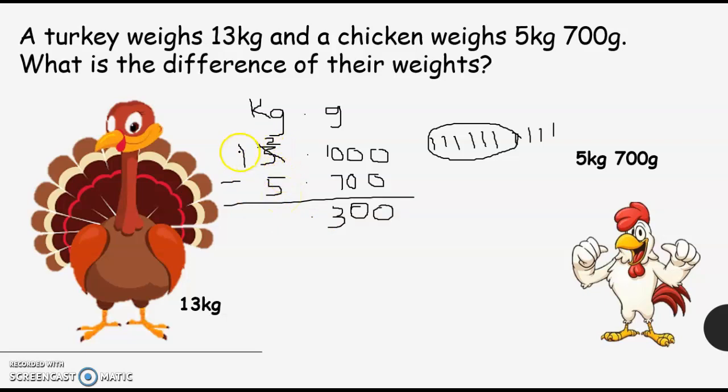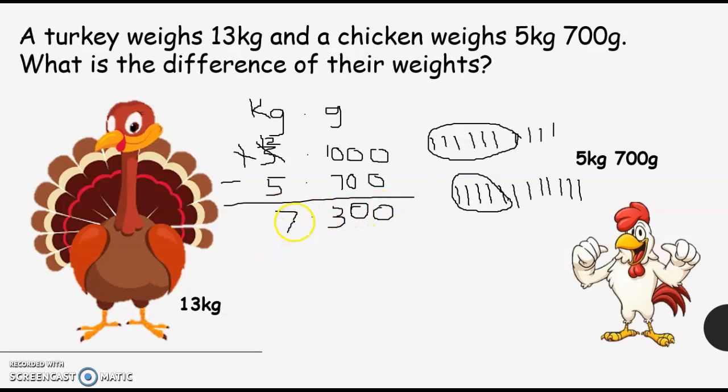So what do I do? I will have to borrow from this 1. If I place this 1 here, here becomes 12. So I now have 12 minus 5. Let's take away 5. I'll be left with 7.